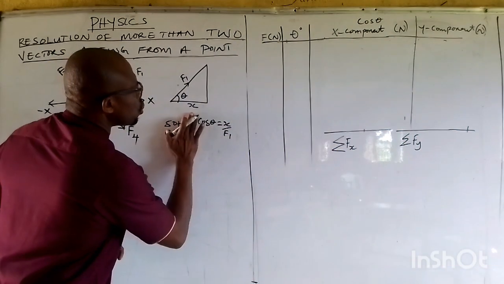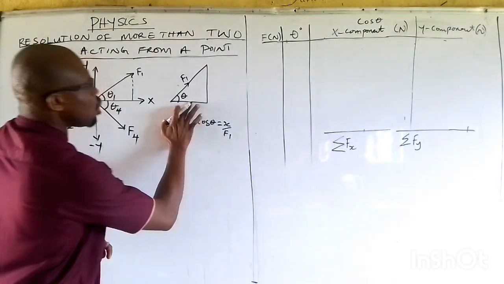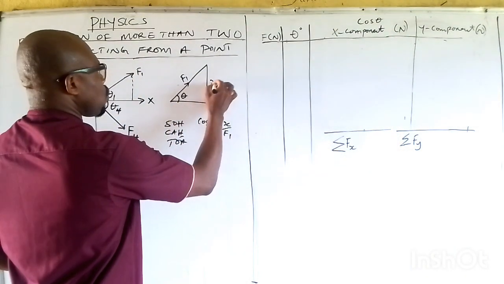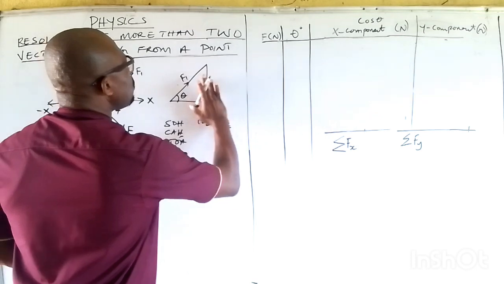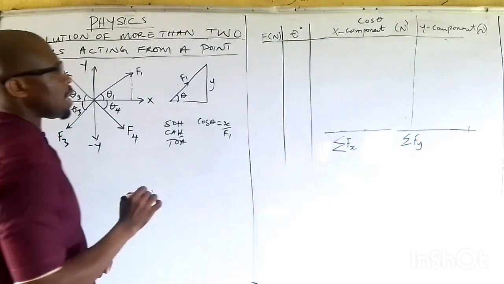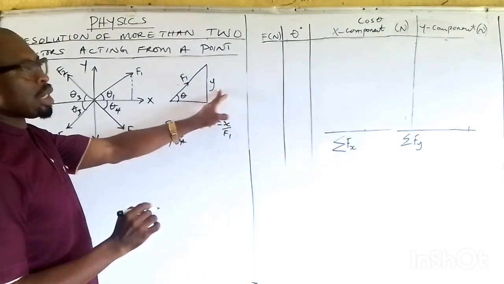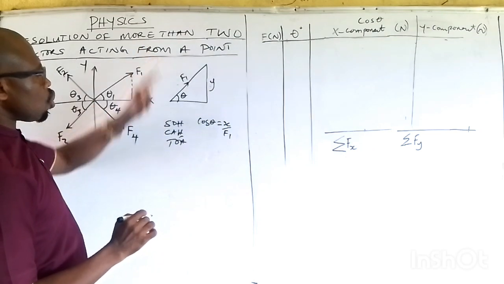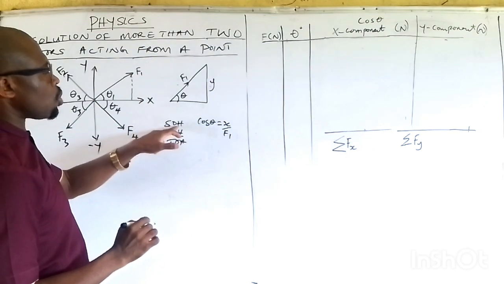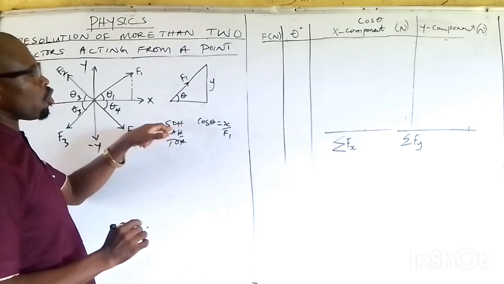Now, if we want to resolve along the vertical axis, let's say here is y. If here is y, we now have the opposite and the hypotenuse. It is only sine that gives us the ratio of opposite and hypotenuse.